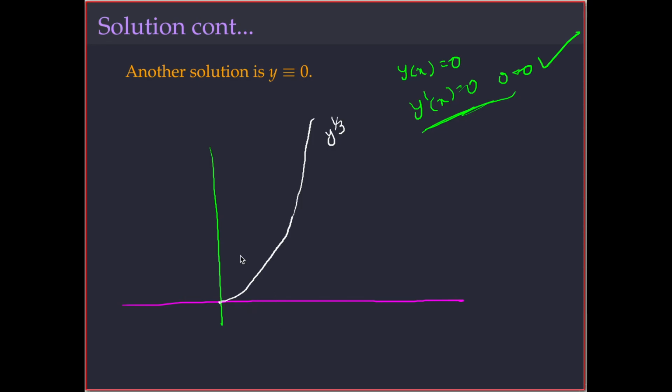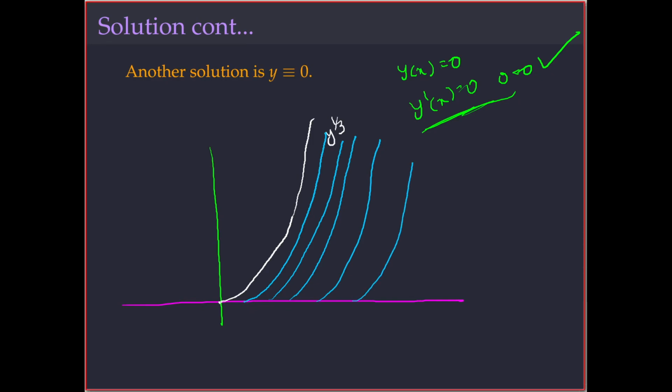Then what it says is that we will get all of these as solutions. So what we'll do is translate this line to get a solution.